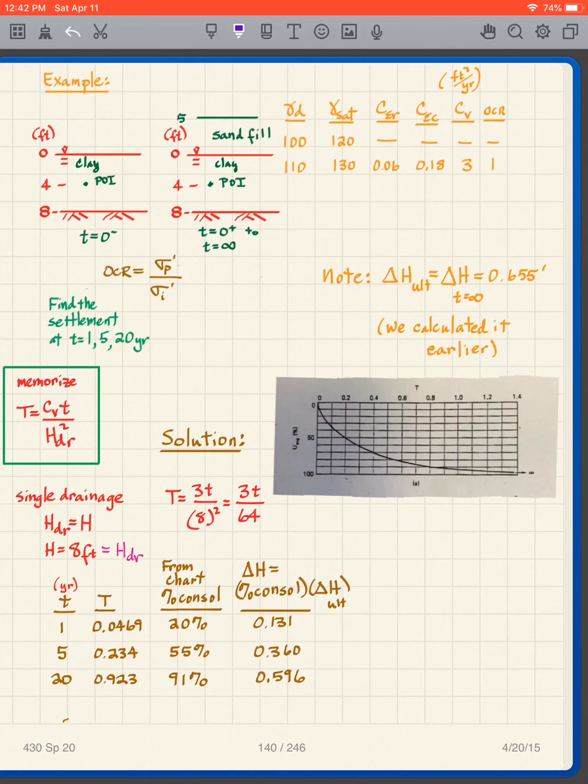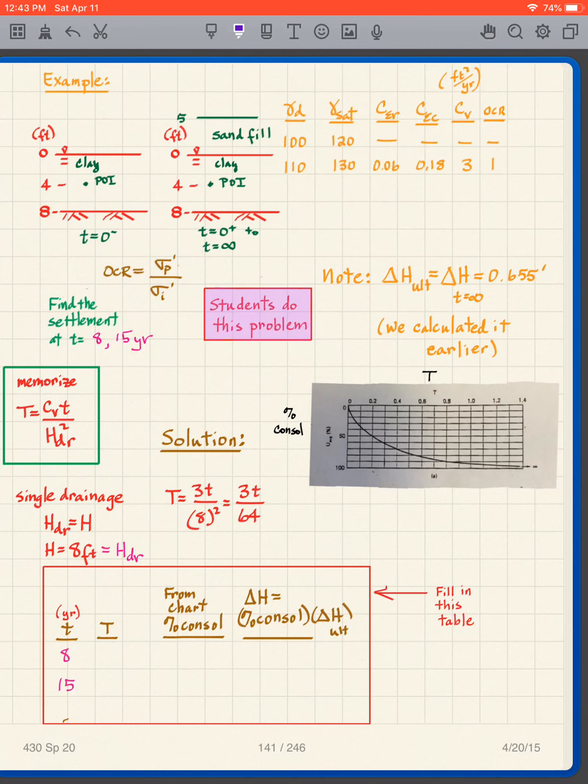And I get 20%, 55%, 91%. And then all I have to do to get my answer is simply take 20% times the 0.655 gives me 0.131. And then 55% times the 0.655 gives me 0.36. 91% times the 0.655 gives me 0.596. It's that straightforward.